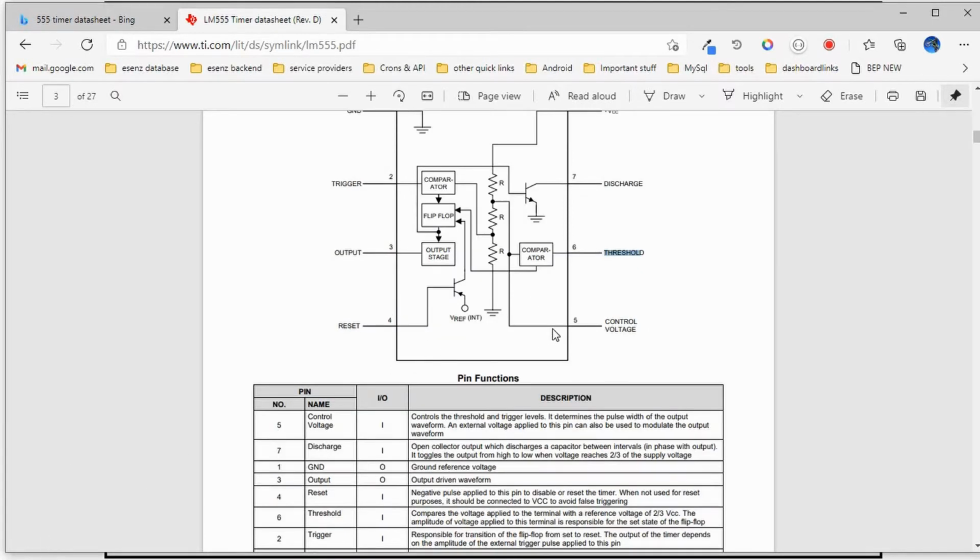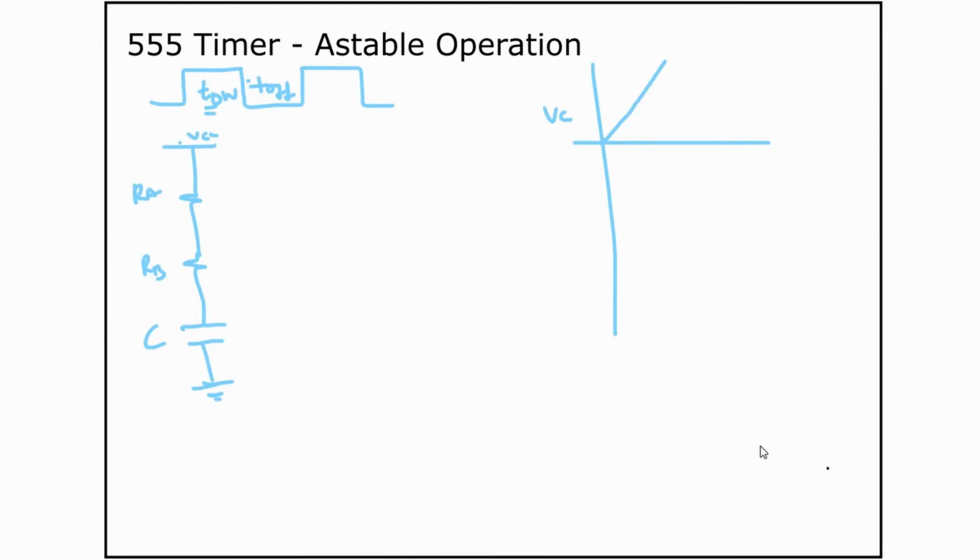Now let's see how, using these pins, you can generate a continuous square wave. Let's get back to our drawing. Let me note down, there is a trigger pin. Think of this voltage as 1/3 VCC and this as 2/3 VCC.